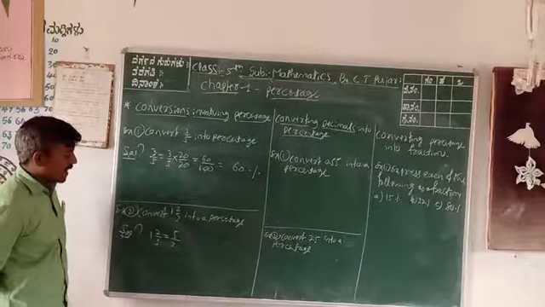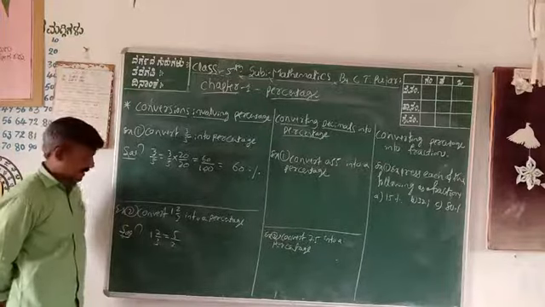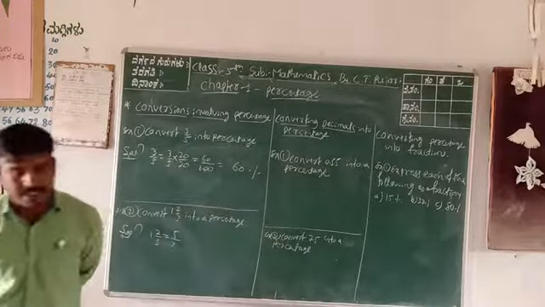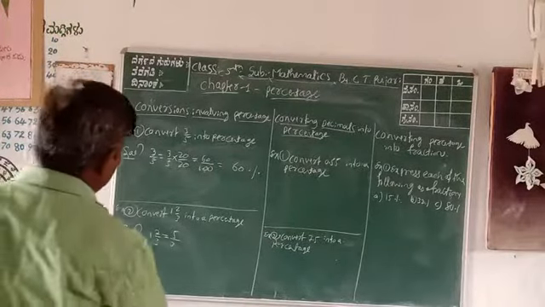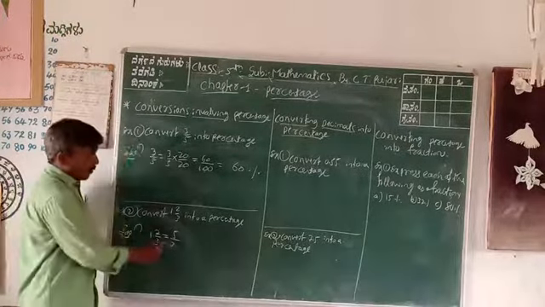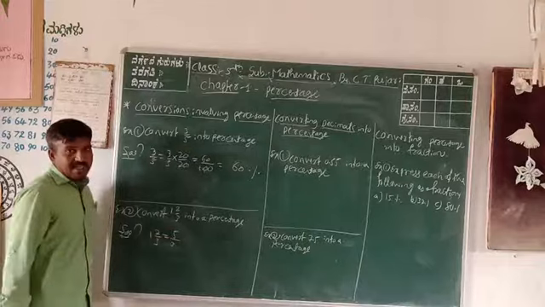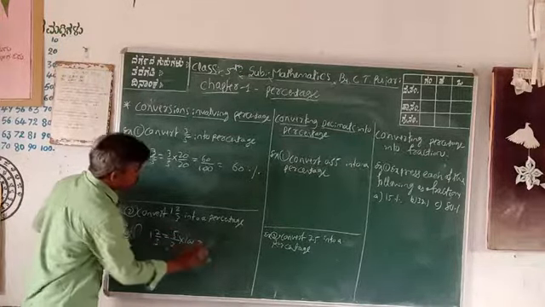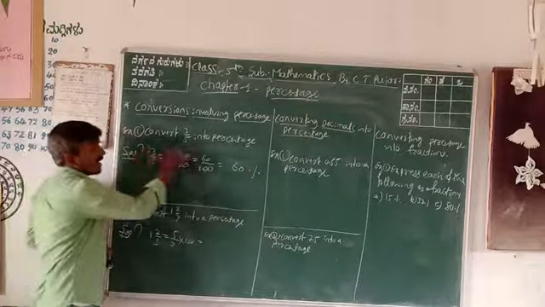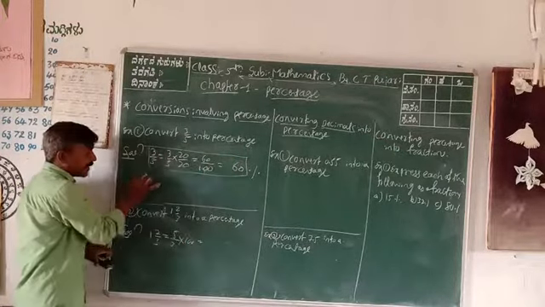You can convert 5 by 3 into a percentage. To make the denominator 100 is impossible, so you can take 100 directly. Otherwise, this method is also there, and another method is there.